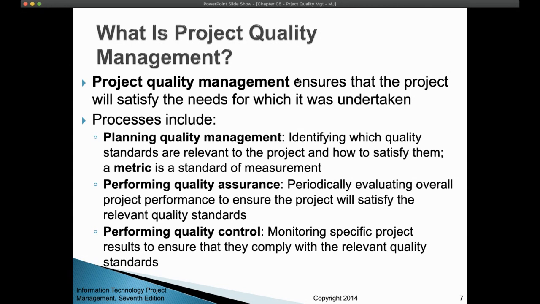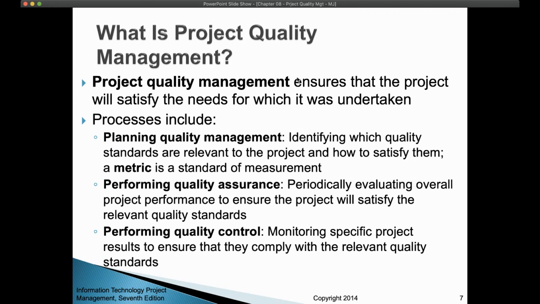So you do a periodic evaluation over all the project performance to ensure that the project will satisfy the relevant quality standards. In the beginning, we planned for that. We selected or defined the standard and the metrics. But here, when you are working, you need to evaluate the performance to see if you are really following the quality standards that you used.